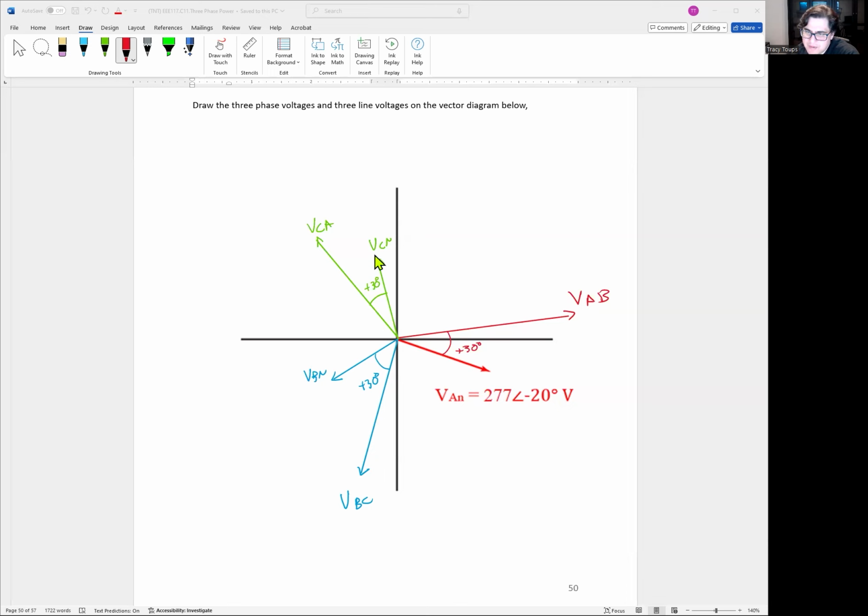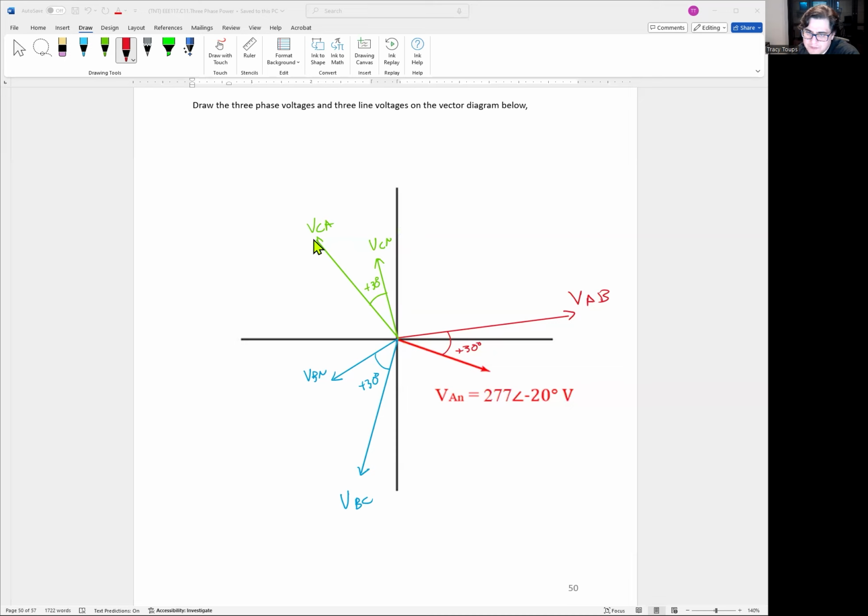And then VCN right here, again, is 120 degrees off from VAN. So notice that VAN is down negative 20 degrees, so VCN needs to move over an extra 20 degrees. So normally VCN is about where VCA is, if we're drawing it accurately, but we're 20 degrees off, so we're closer to the y-axis. So VCN is right here, and then VCA is 30 degrees ahead, and this will be a square root 3 more.